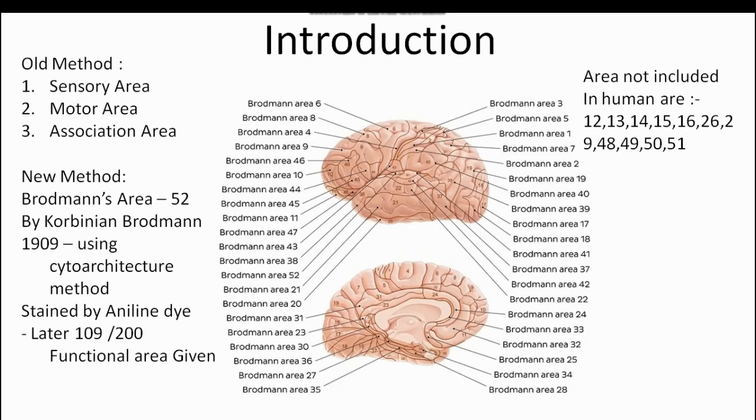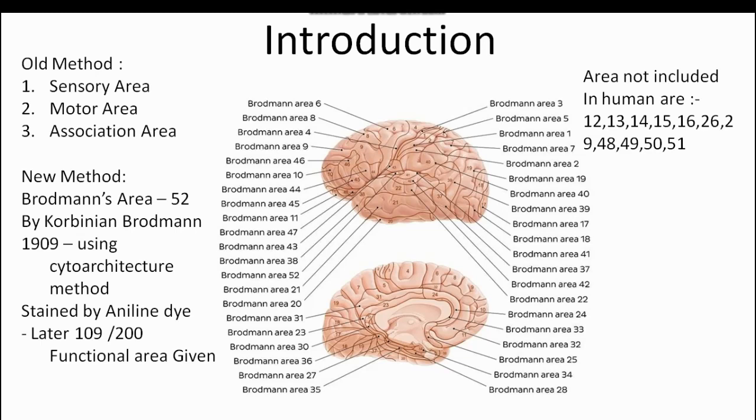Whereas the association area is that area in the cerebral cortex, as its name says, an association area. So it gets associated with the sensory area as well as the motor area. Whatever the input from the sensory area, and whatever the output that has to go from the motor area, these all get integrated at the association area.